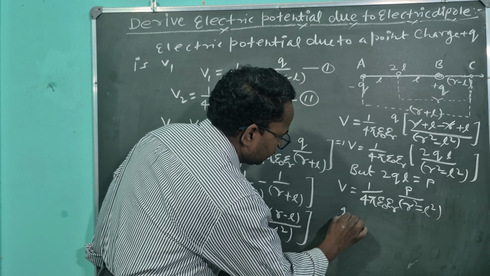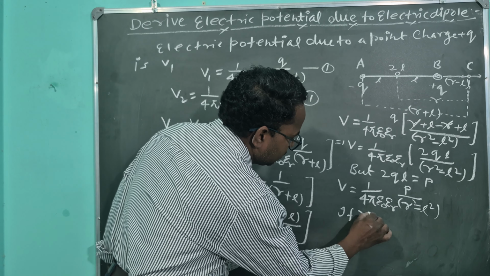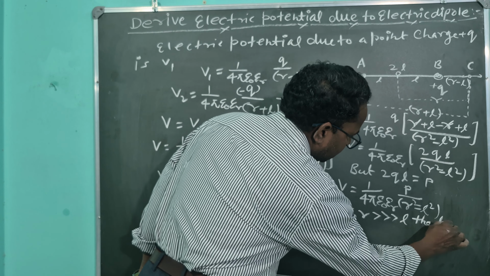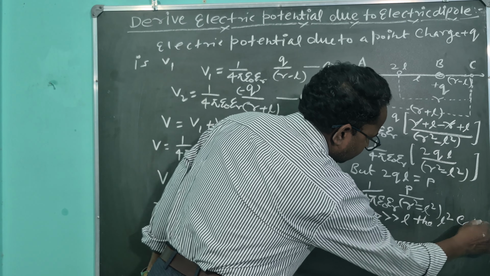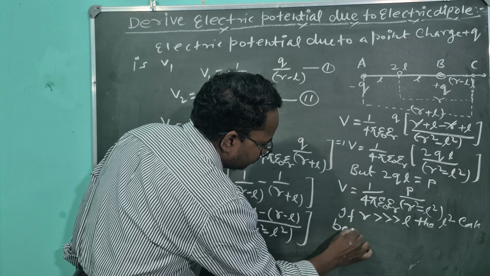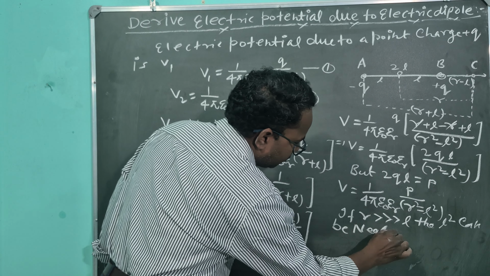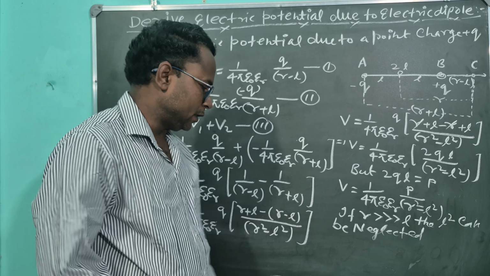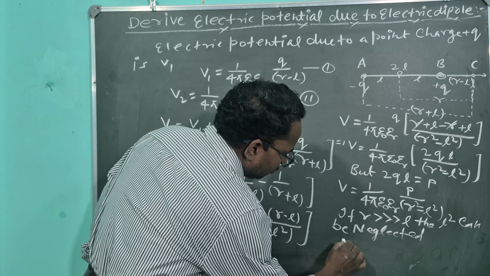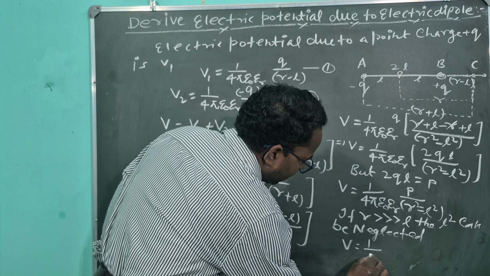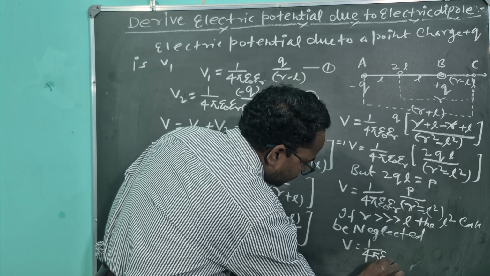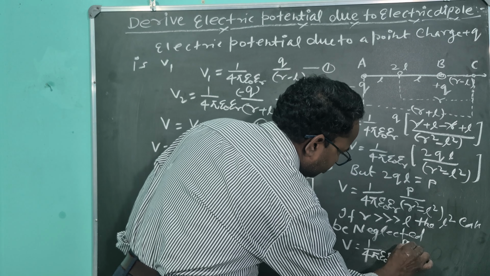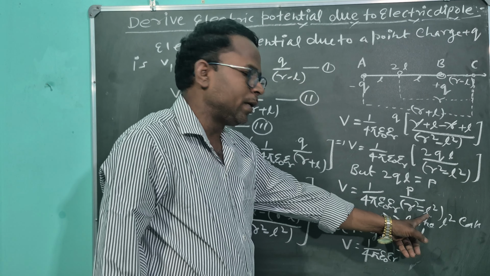If R is much greater than L, then L square can be neglected. So V is equal to 1 upon 4 pi epsilon naught epsilon r, P upon R square, since L square can be neglected.